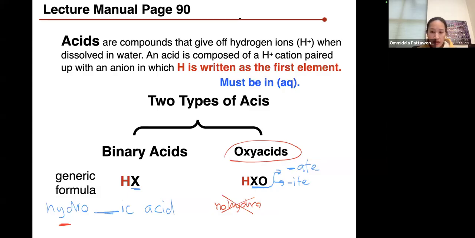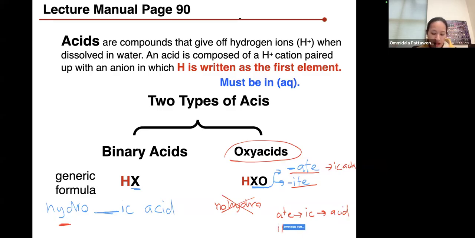The name would just come from the name of the polyatomic ion. For example, if it's ending with ate, such as nitrate, all you have to do is change ate to ic, followed by the word acid. For example, nitrate, you change it to nitric, followed by acid.